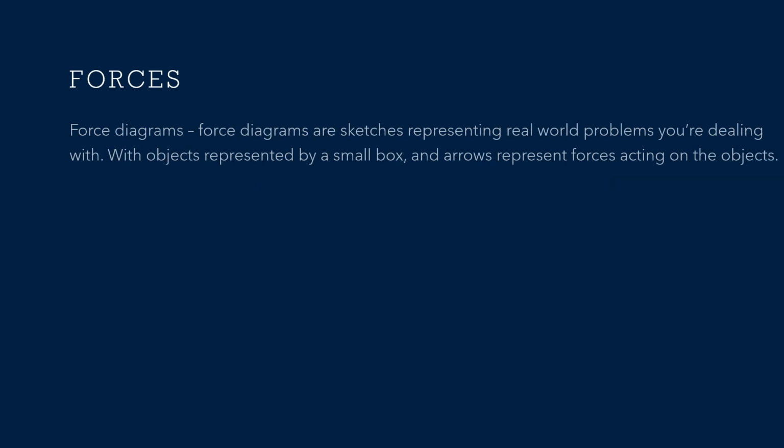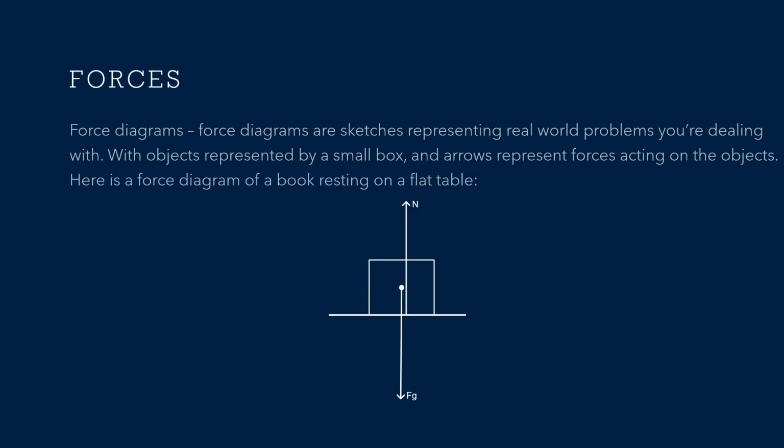What are force diagrams? Force diagrams are sketches representing real-world problems you're dealing with, objects represented by a small box, and arrows represent forces acting on the object. Here is a force diagram of a book resting on a table. The book is resting, it's not moving left or right, up or down, so it sits on the table. That means it experiences 2 forces.